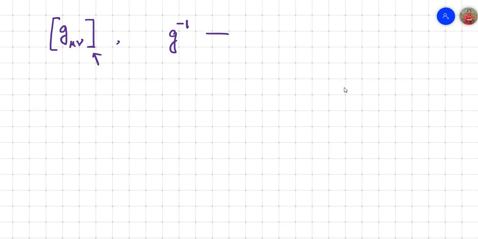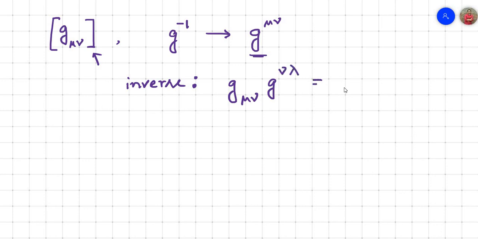In component form, its components are written as g mu nu, both as contravariant indices. Since this is the inverse, first of all, it should satisfy the following relationship: g mu nu, g nu lambda should be simply the identity, or the Kronecker delta, which designates the components of an identity tensor. This inverse metric tensor also satisfies this relationship, which we call the raising operation.